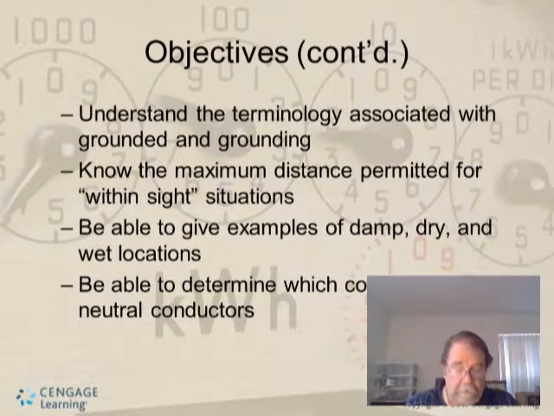Now you also need to understand the terminology associated with grounded and grounding, know the maximum distance permitted for within sight situations, be able to give examples of damp, dry, and wet locations, and be able to determine what conductors are neutral conductors.